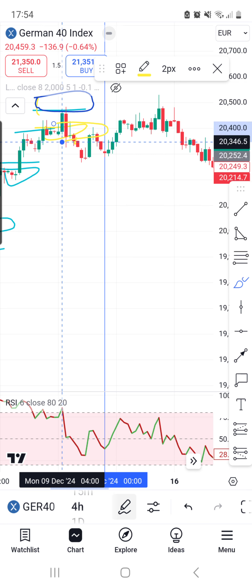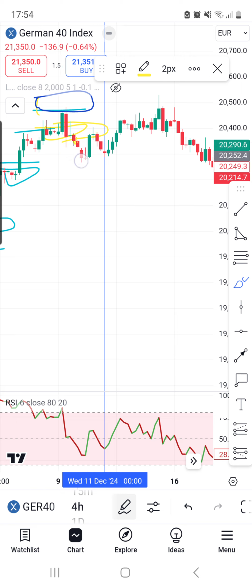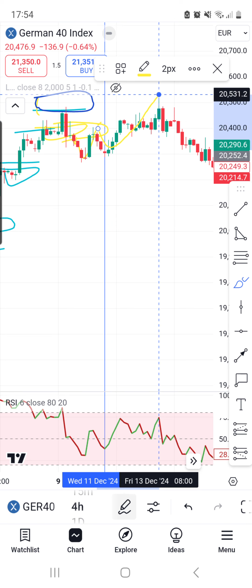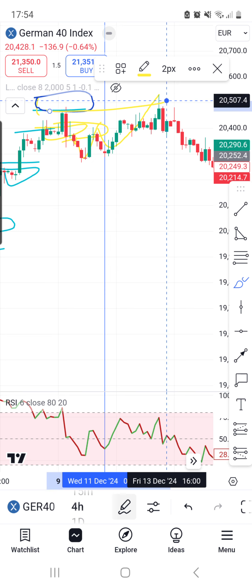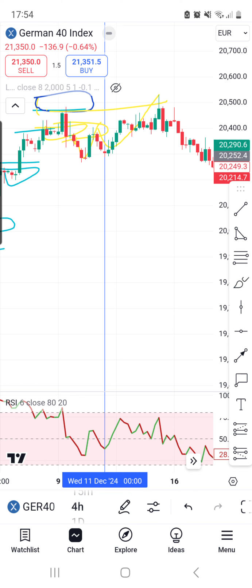Apologies for the color. Our breaker is always in yellow. So what did price do? Price came, can you see it came and retested, went up, retested the breaker, came up again, retested the source. This is our source area, right? It came back, retested the source. So that's what price will do. Price will sort of come back. It is very, very good.